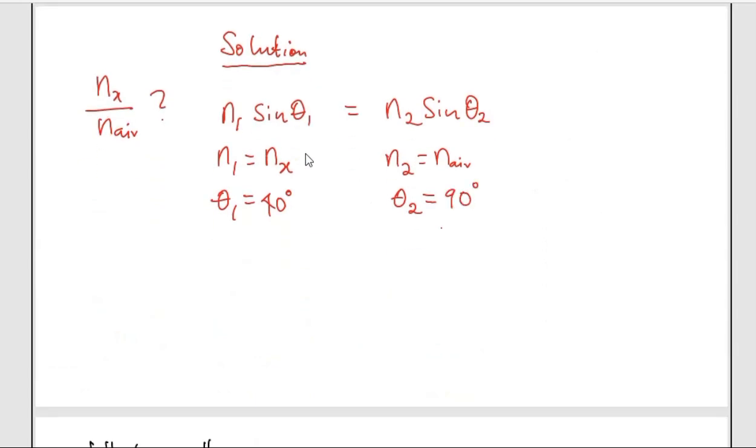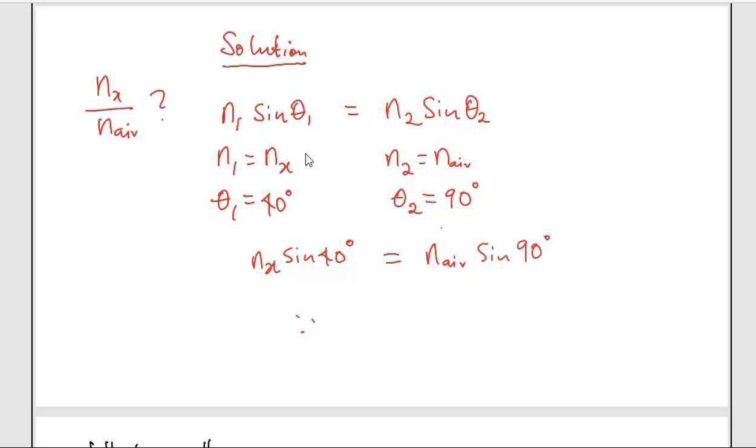So what are we looking for? We are looking for the refractive index of X with respect to Air. So Air will be under. So basically what that looks like is NX sine 40 degrees is equal to NA, that is refractive index of Air, sine 90 degrees.